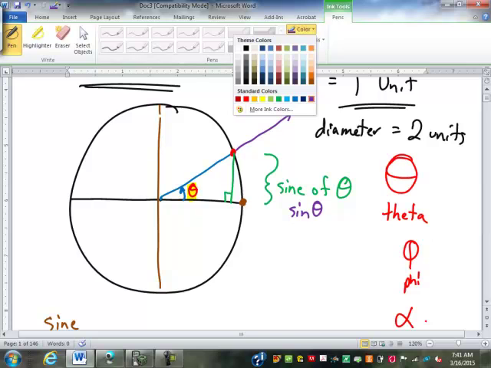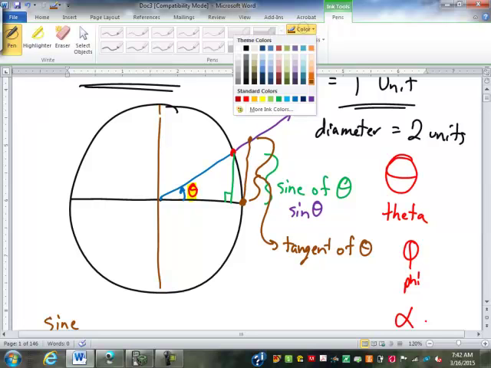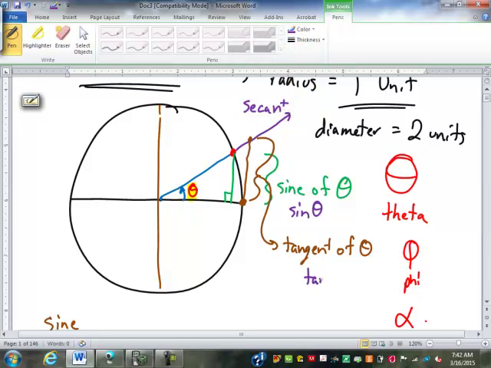Our tangent, I'm going to go back to my brown, goes from that point of tangency there at the reference diameter to where it intersects the secant. That length there is the tangent of angle theta, usually abbreviated tan of theta.